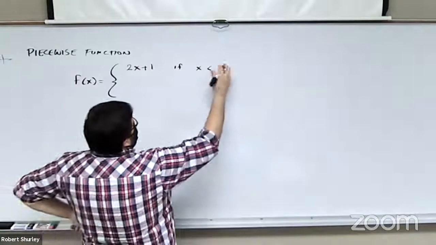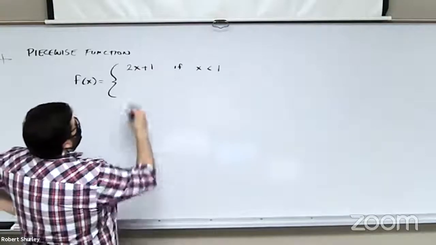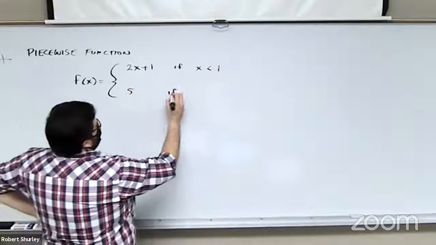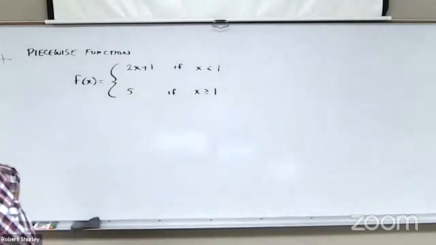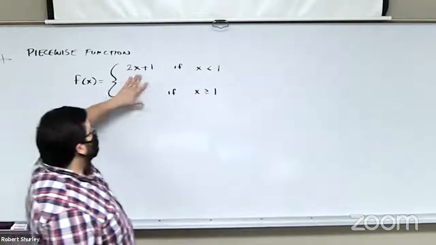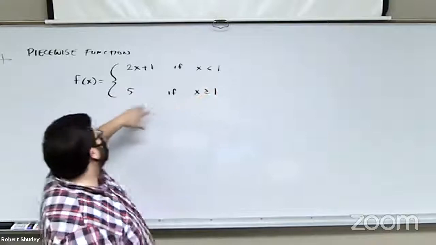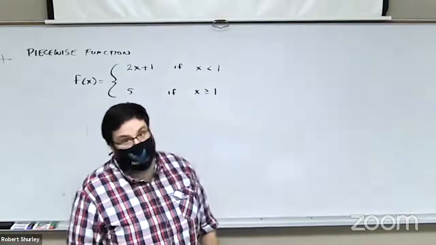Hold on. Let's say x is 1. It'll be easier to graph. And then we're going to do, let's just give it a constant like 5, if x is greater than or equal to 1. Okay, so we're going to use this top function if our x value is less than 1. And then we're going to use the bottom function 5 if x is greater than or equal to 1.